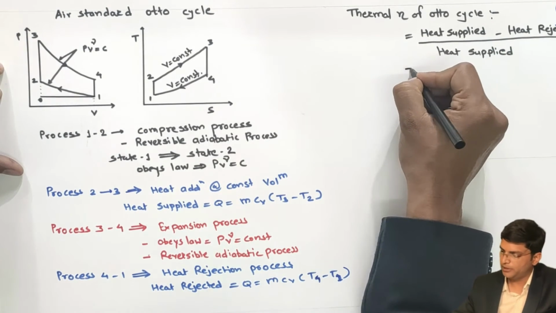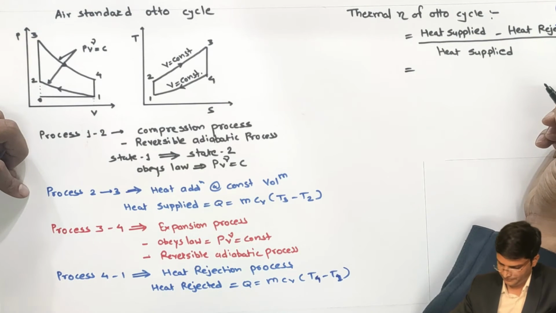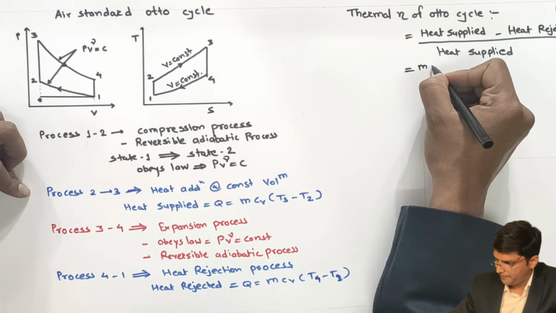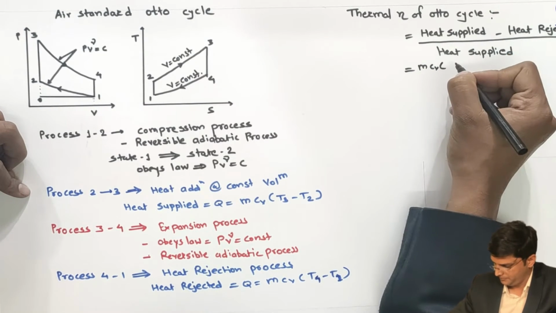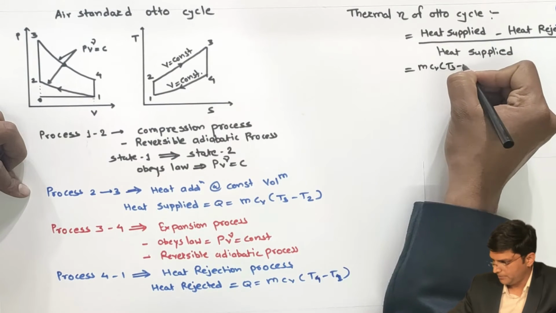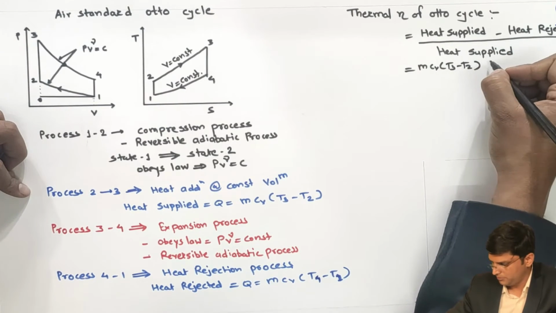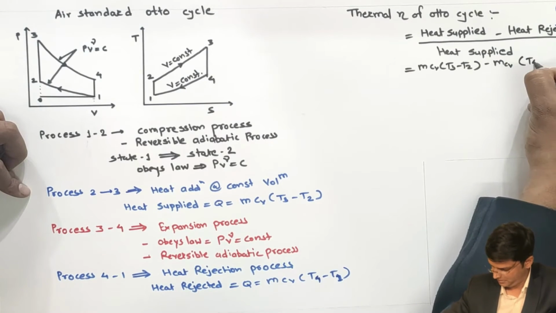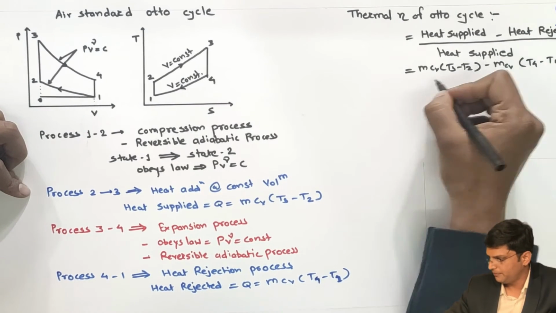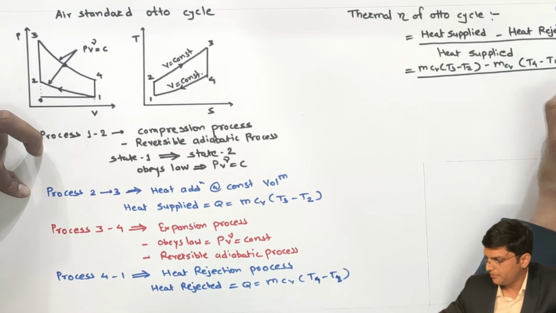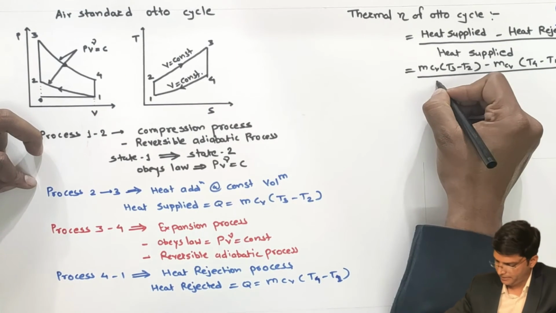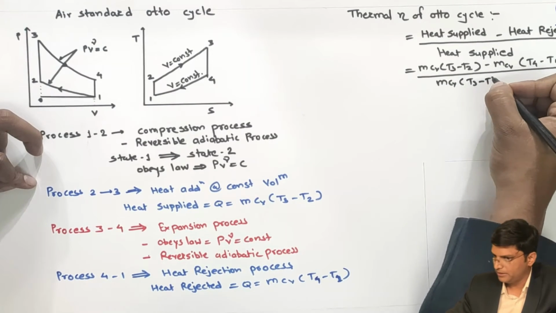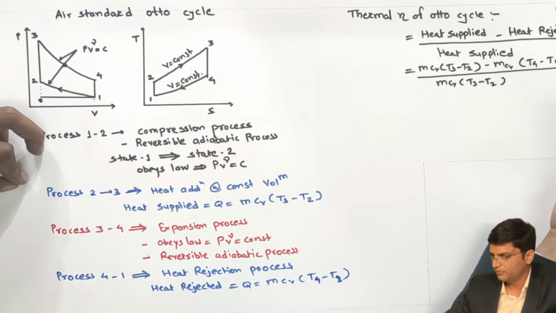Now putting these values into this equation, heat supplied is m Cv (T3 minus T2), minus m Cv (T4 minus T1), divided by, again heat supplied, m Cv (T3 minus T2).